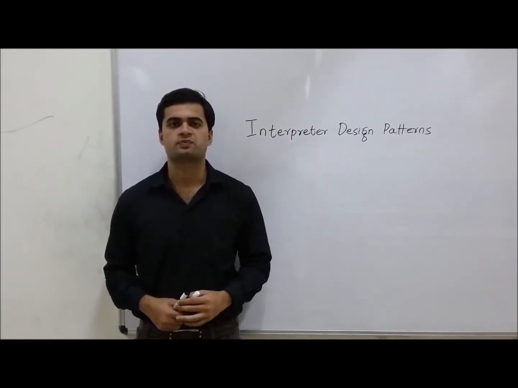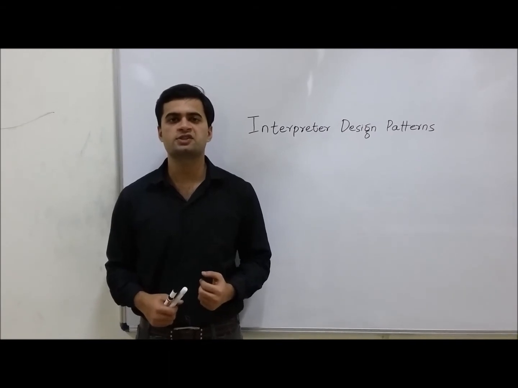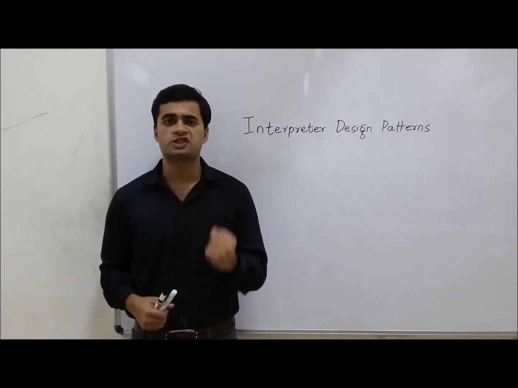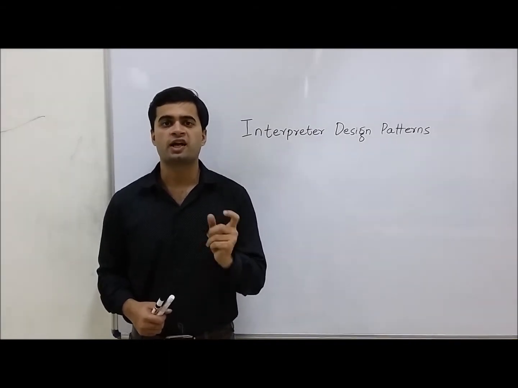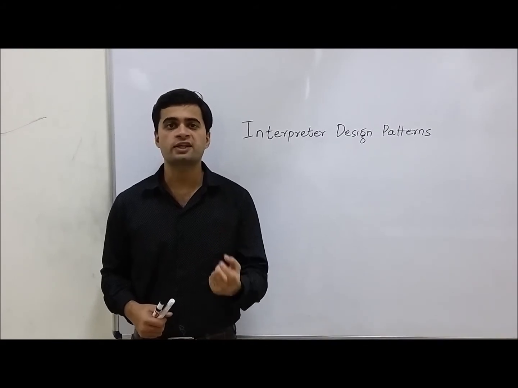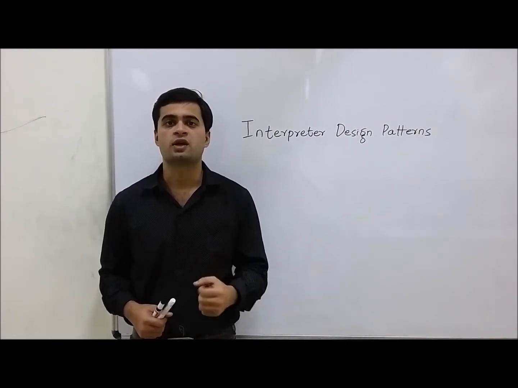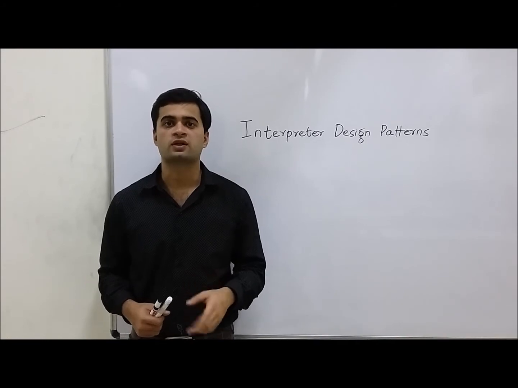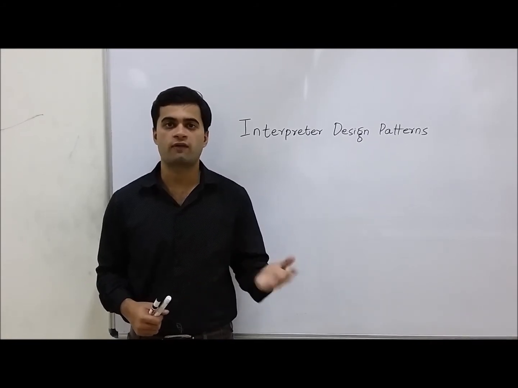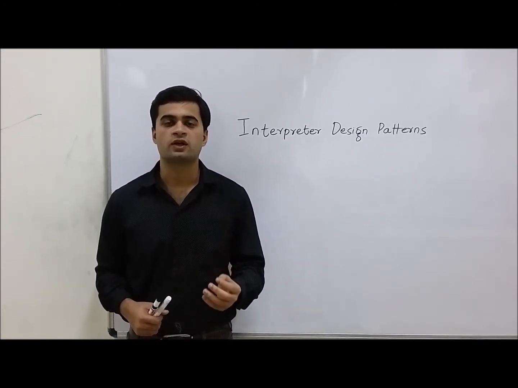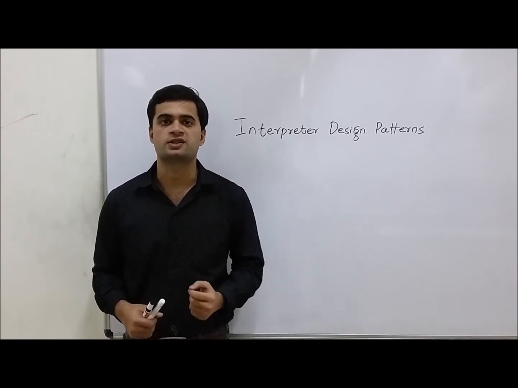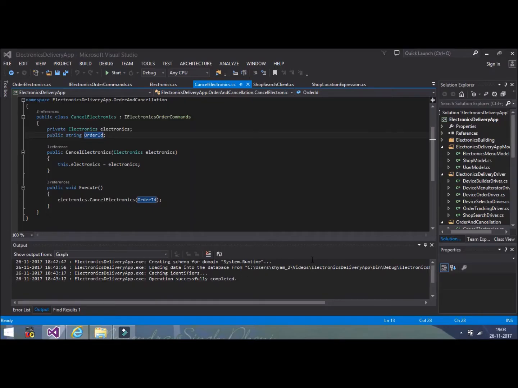Interpreter design pattern. Now, what is the interpreter design pattern? It is the pattern which helps you interpret or evaluate an expression in a language. It is very useful in the case of our electronic application, when we are using search queries. As discussed earlier, we have seen the electronics menu model.